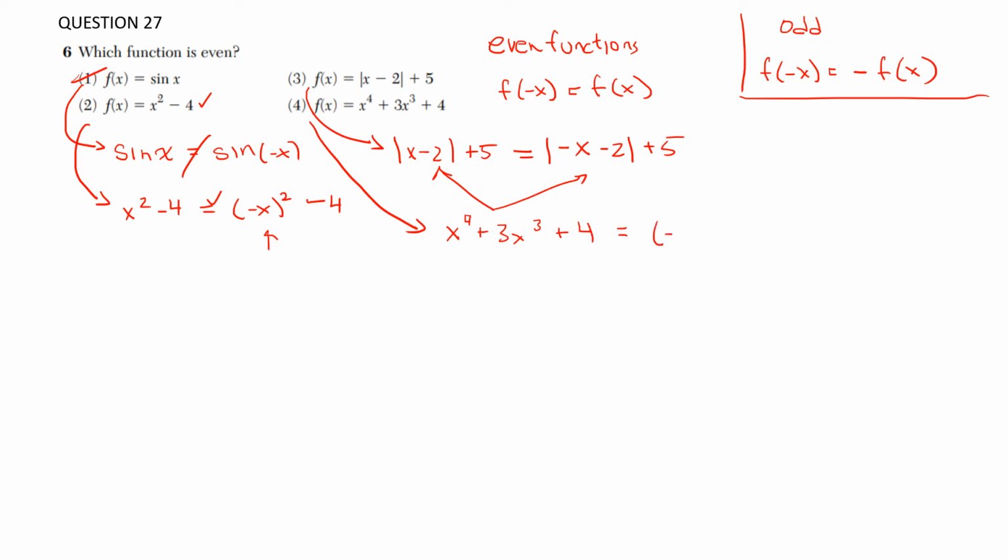Does that equal (-x) to the 4th plus 3 times (-x) cubed plus 4? Well, no, it doesn't, right? Because while this term takes out that pesky negative sign, this one still maintains its negative sign, so this one doesn't either, meaning our answer is 2.